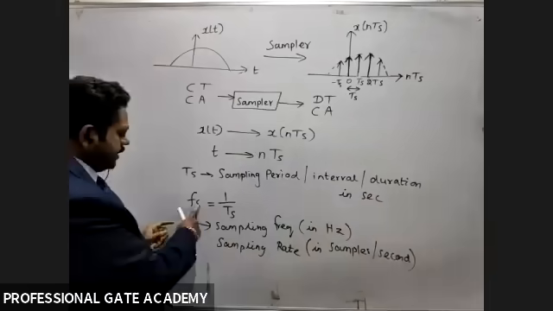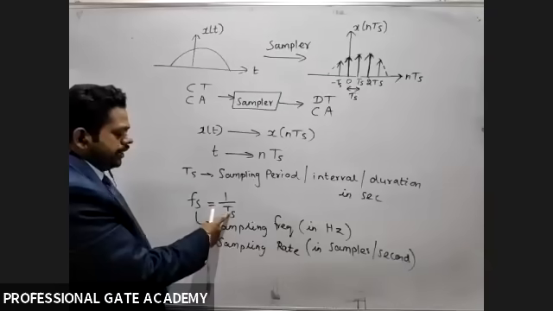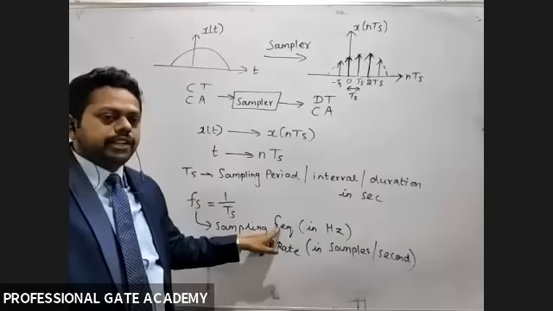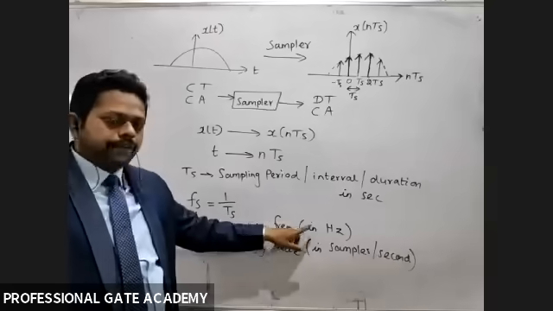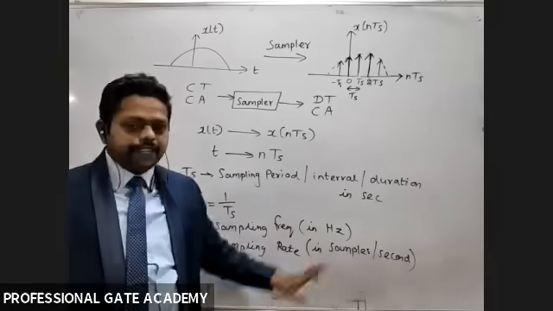Now we have the term sampling frequency Fs. What is the formula to find Fs? 1 by Ts. So Fs equals 1 by Ts. Fs is called the sampling frequency, and the unit is hertz. Fs is also called the sampling rate, and the unit is samples per second.